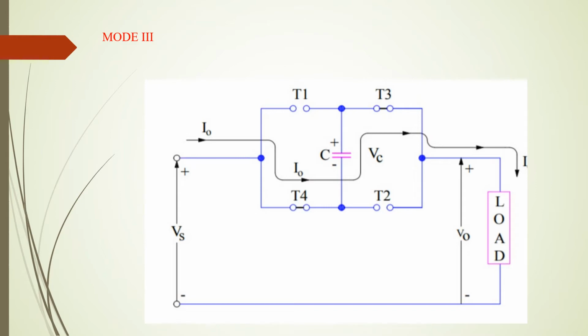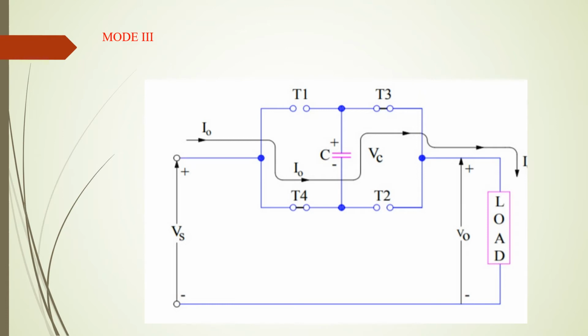At this instant the supply voltage comes into the picture, that is, the supply voltage is applied to the circuit, and then the current flows through T4, capacitor, T3 and load through 2 Vs. So the path is Vs plus to T4, T4 to capacitor, capacitor to T3, T3 to load, load to Vs minus. During that instant again the capacitor gets charged.